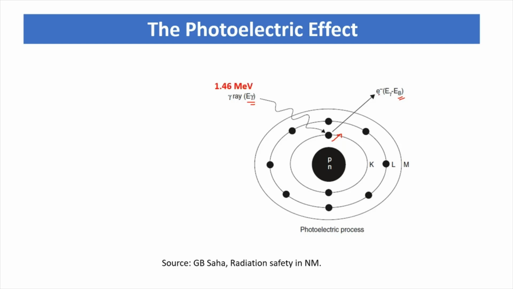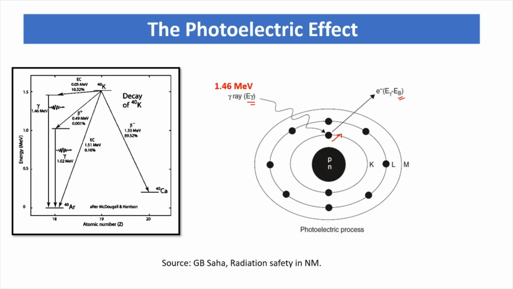For example, let the E gamma for the gamma ray be 1.46 MeV, and it ejects the electron over here, and the kinetic energy of the photoelectron will be equal to E gamma, that is 1.46 MeV, minus the binding energy of the electron.